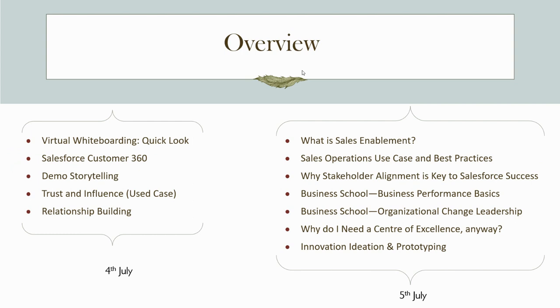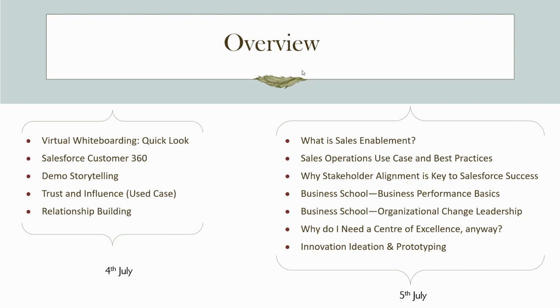Why is alignment necessary, what are the various areas where performance needs to be measured, and what are the channels involved in the process? For each channel, we have to ensure everyone is working fine. In the business performance basics, we covered how to measure the performance of each channel involved in the process.